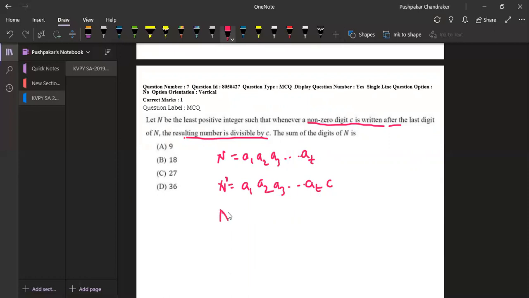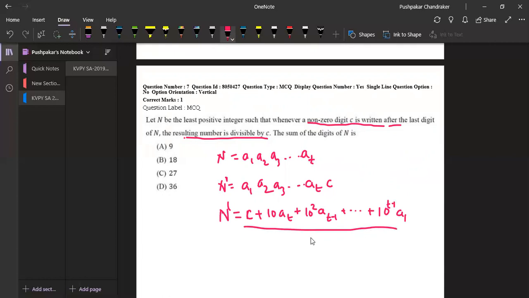It means n dash equals c plus 10 times the last digit, plus 10 square times the next digit, and so on, with 10 power a huge value, divided by c.